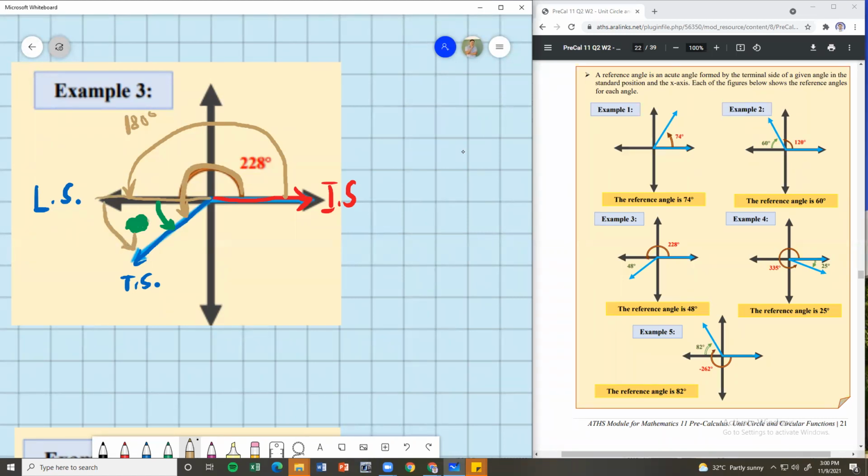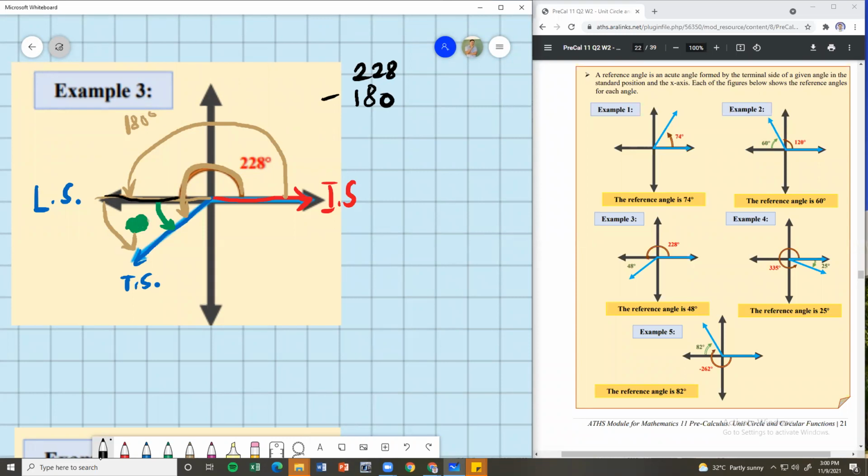What should you do with 228 and 180 to get your reference angle? You need to subtract. Very good. So therefore, 228, kasi yun yung buong measurement ng angle, minus 180, the semicircle.